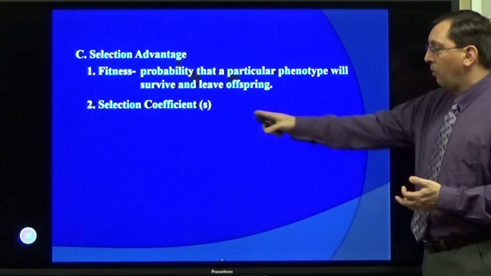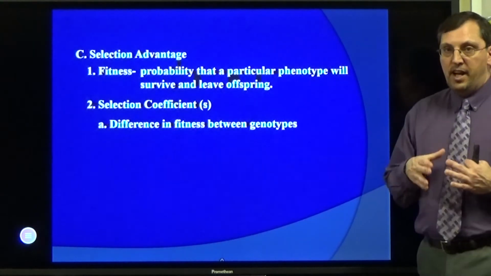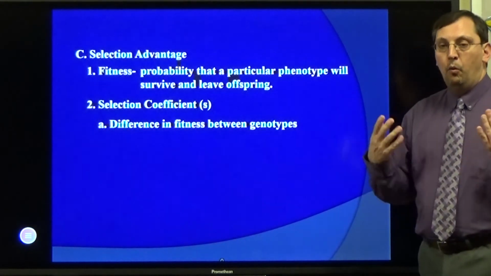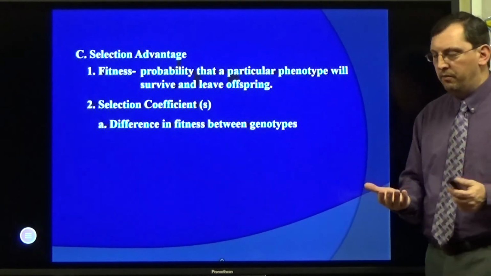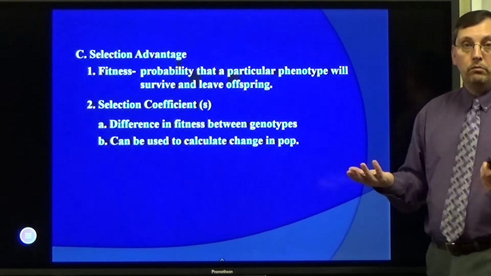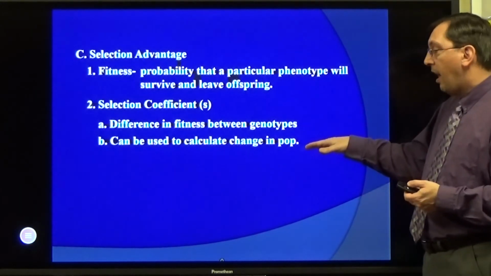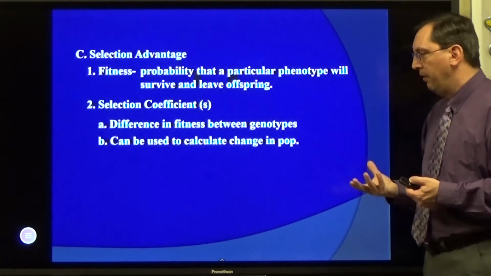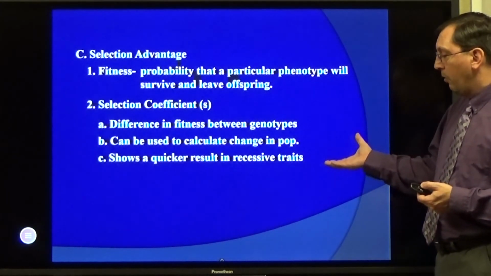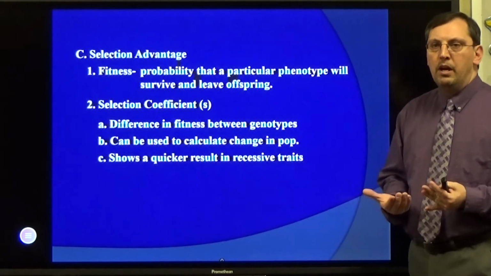The selectional coefficient, or little s, is the difference in fitnesses between genotypes, between, say, one genotype and the other. What's the difference in which one has a better advantage or disadvantage comparatively? They could be equal. Hardy-Weinberg assumes they are. Can we calculate the change in population based upon knowing this difference? It shows a quicker result in recessive traits because typically they are at a smaller number.